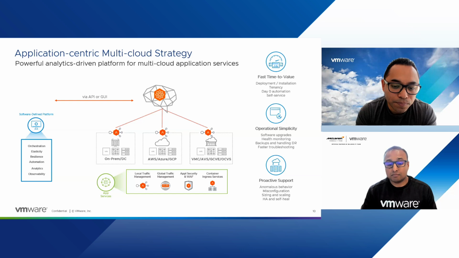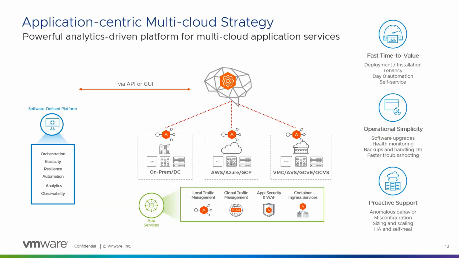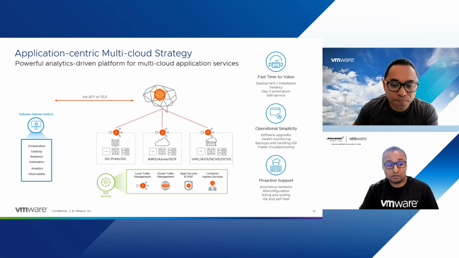But all the enterprise-class services that are required for application delivery and critical for their availability to the business, like your SLB, global traffic management, securing the application through WAF and application security, and even delivering the application with the same agility and elasticity in the container platform in a microservices world. All those application services features are available through this platform. And the functionality of scalability, elasticity, self-healing, automation, analytics are also available through the platform.